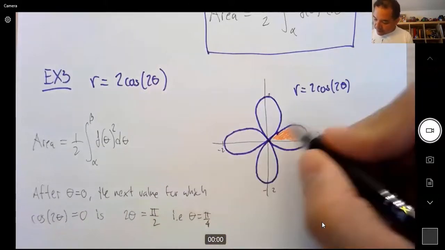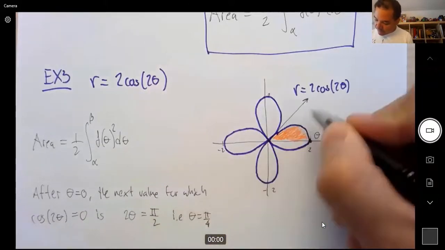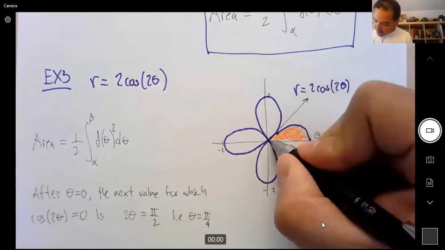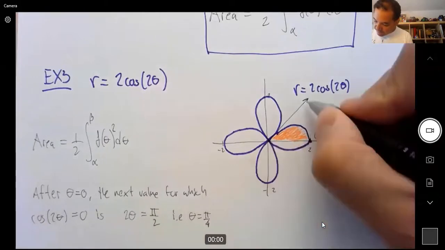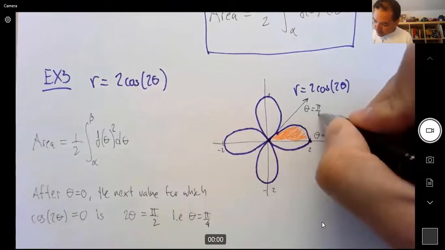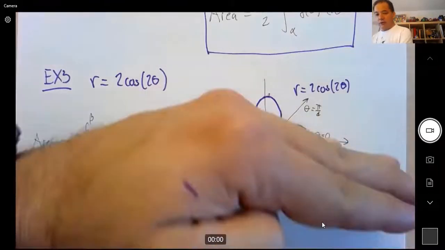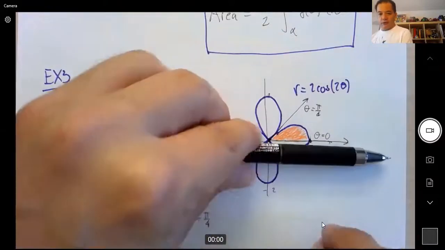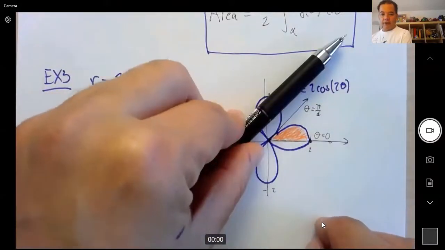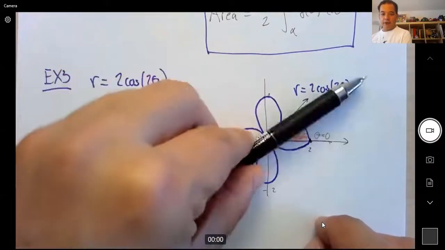So right here at pi over 4 is when we get to 0. So we want to integrate from 0 to pi over 4. Is that clear? From 0 to pi over 4.